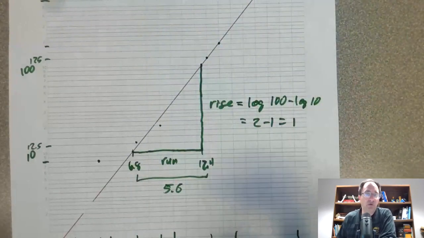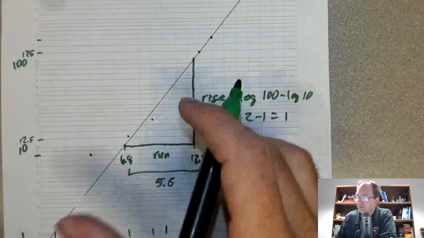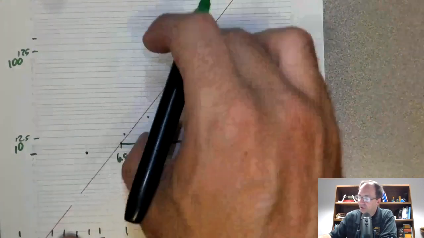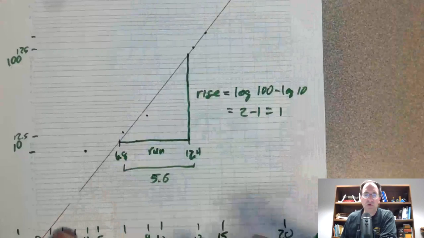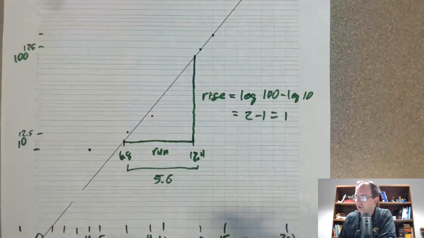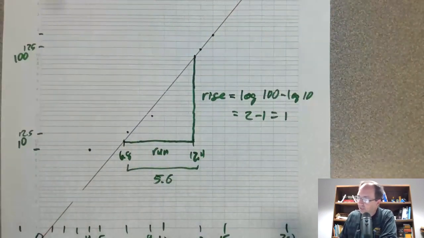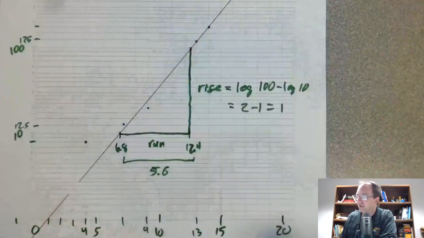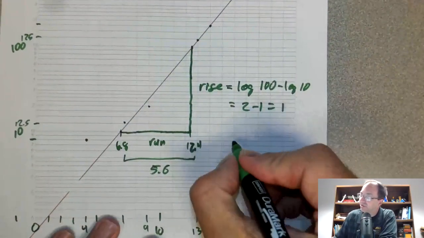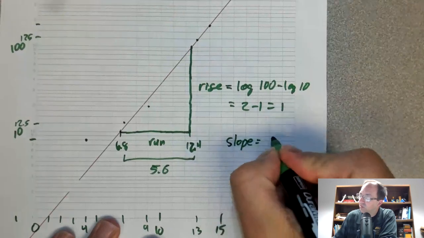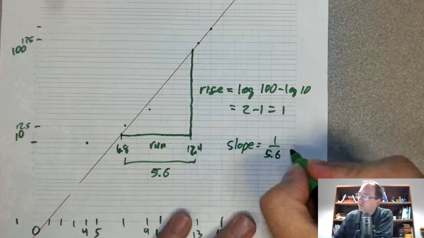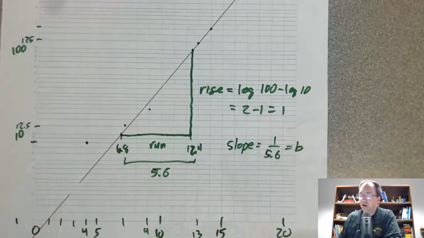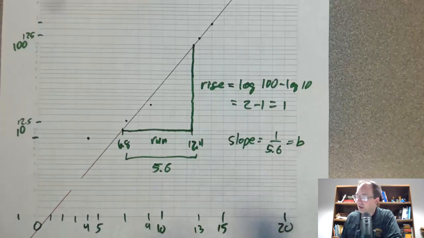So that's a nice simple way of remembering it: just pick two points on your graph that correspond to a change of one cycle. Now, if you had a really shallow line, that might be trickier, but this is steep enough, we have no problem. So that means our slope is 1 over 5.6, which corresponds to our b value.